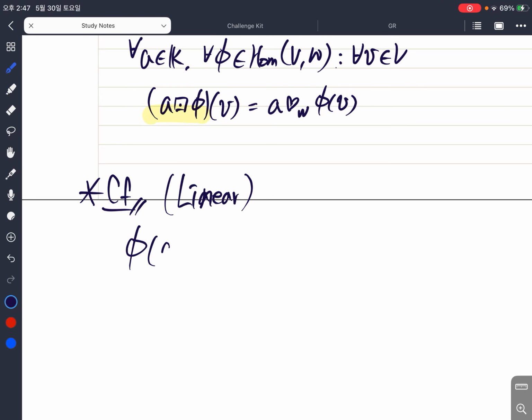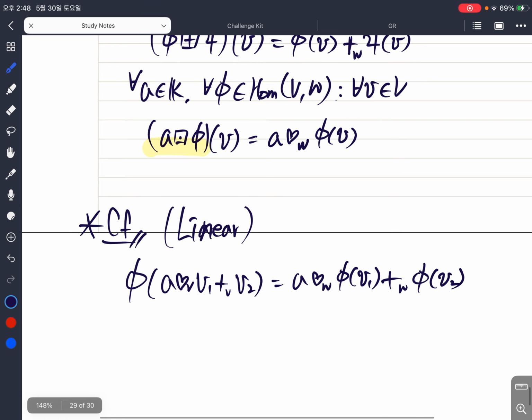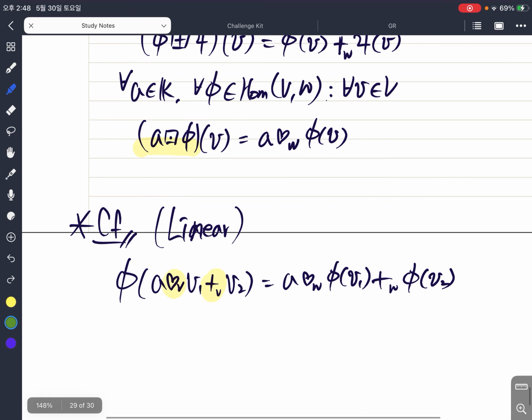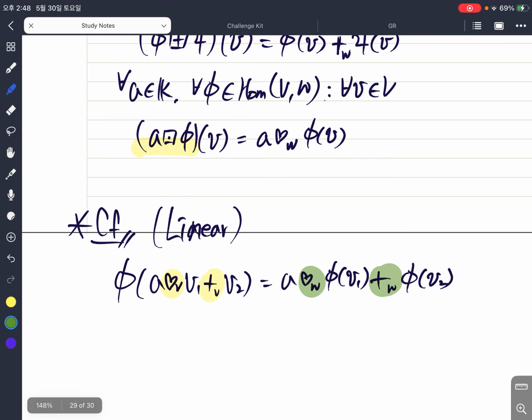Linearity was such that A times (V1 plus V2) becomes A times φ(V1) plus φ(V2) in W. So in linearity, you have summation and scalar multiplication in V. So domain addition becomes target addition, and domain scalar multiplication becomes target scalar multiplication.